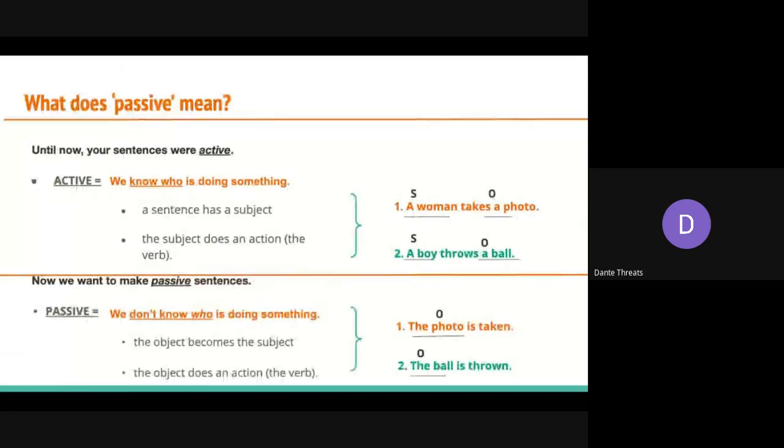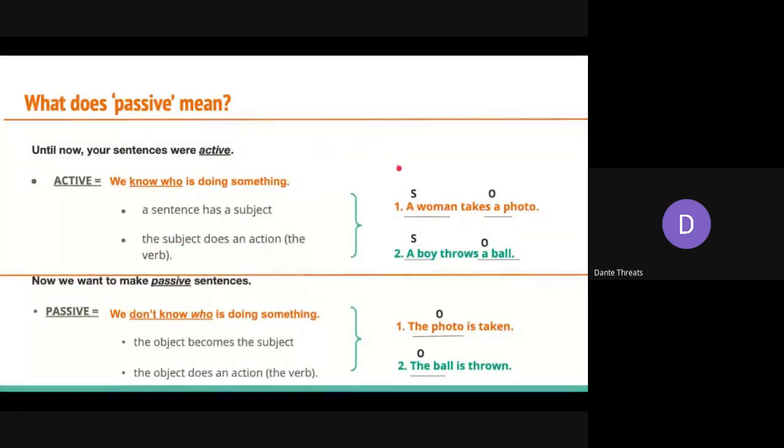Okay, so what does the passive voice mean? Well, until now, the sentences that you've learned to write were active. What that means is we know who is doing something in the sentence. Okay? If you look here, a sentence has a subject, and the subject does an action, right?